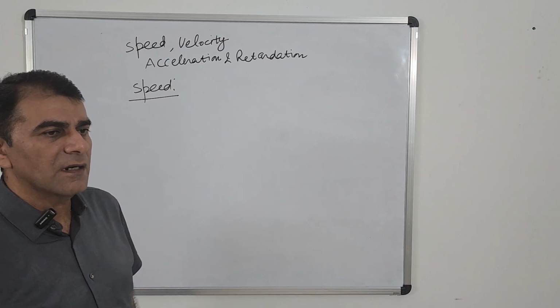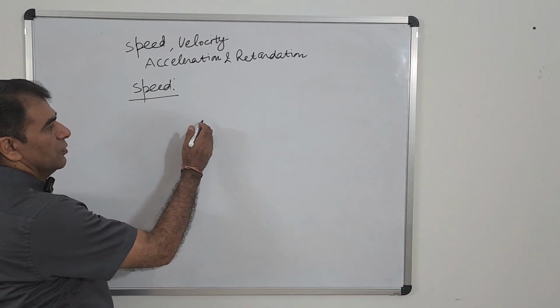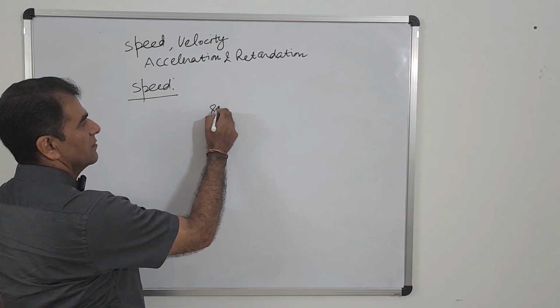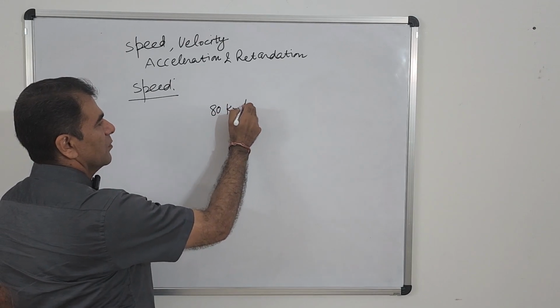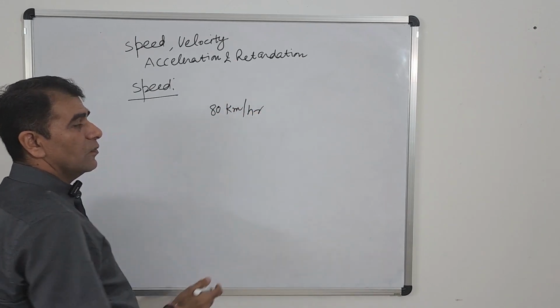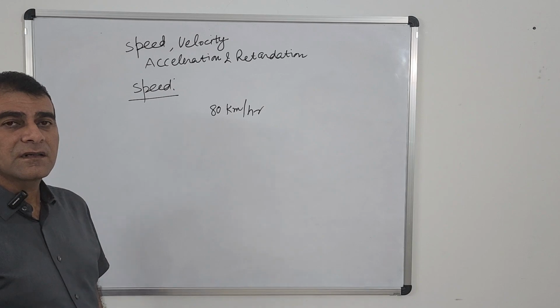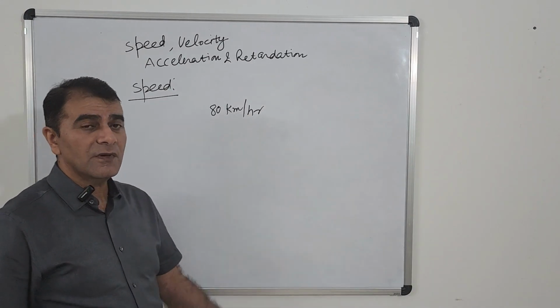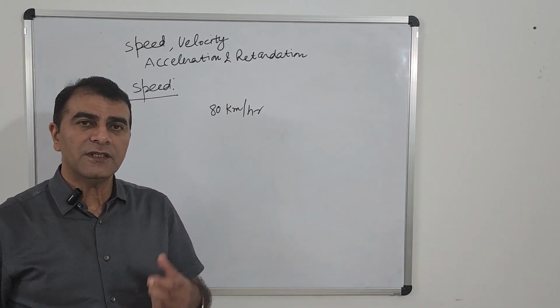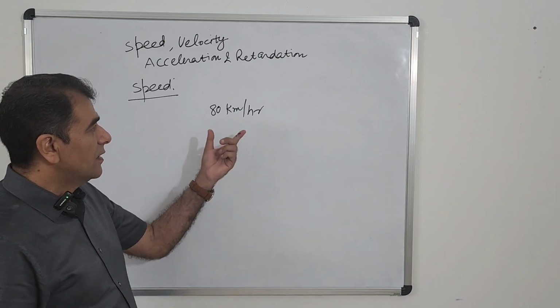Generally, we talk like that. So, when we say the speed is 80 kilometer per hour, what does this mean? From this sentence, we will find the definition of speed, right?